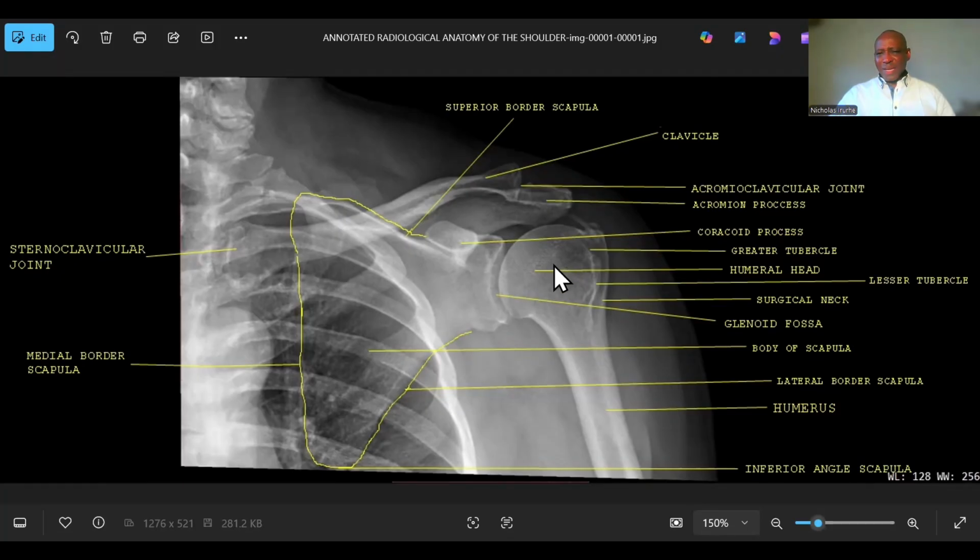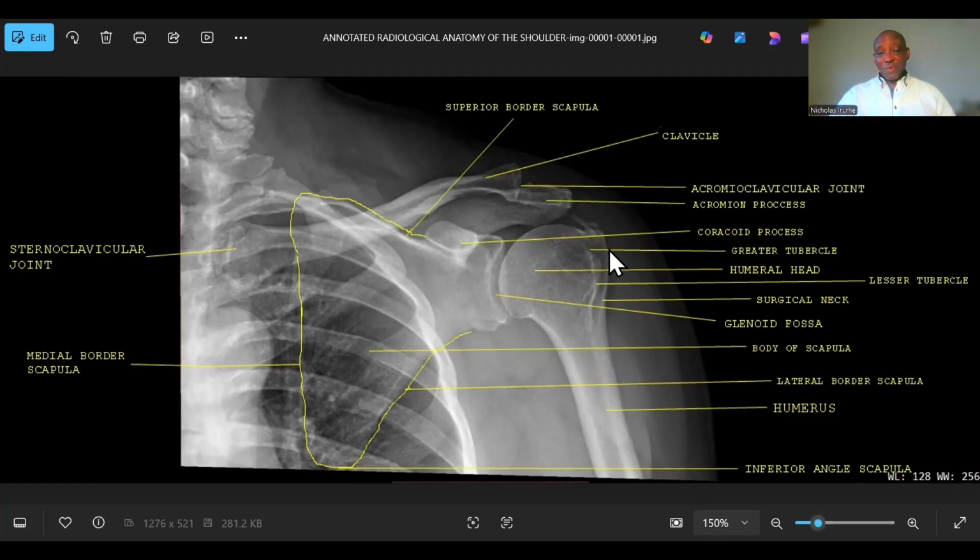This represents the head of the humerus, and the humerus has two projections. One is the greater tuberosity, and the other is the lesser tuberosity, which is usually called tubercle.